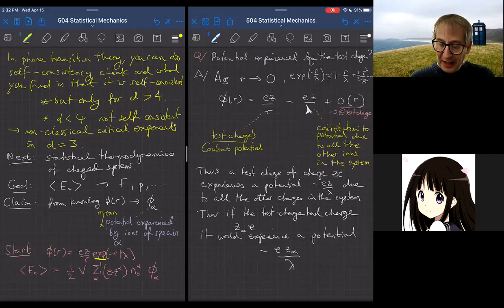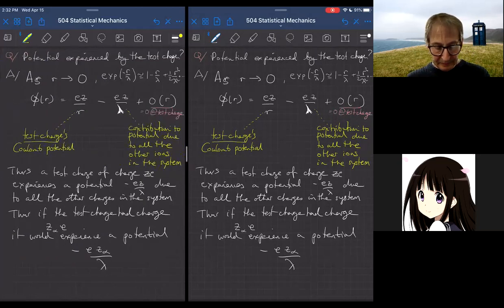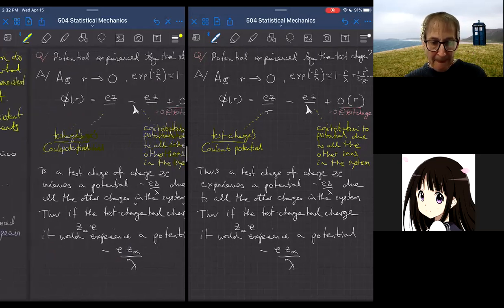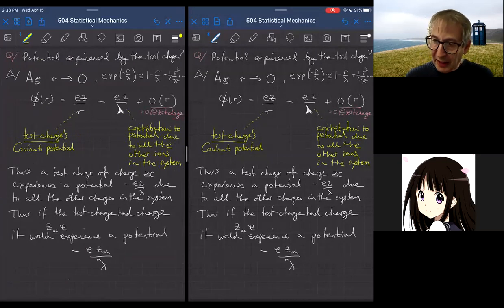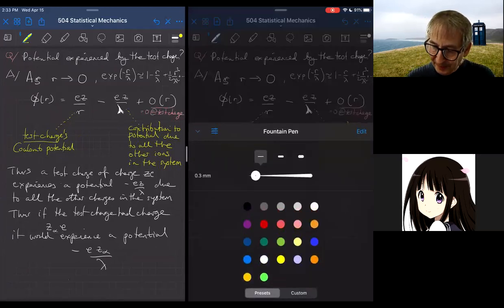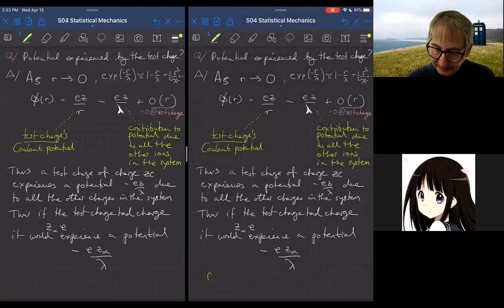And so that's therefore the justification for my claim that we can compute phi alpha. And so what I've just shown you then is that phi alpha is equal to minus E Z alpha over lambda.